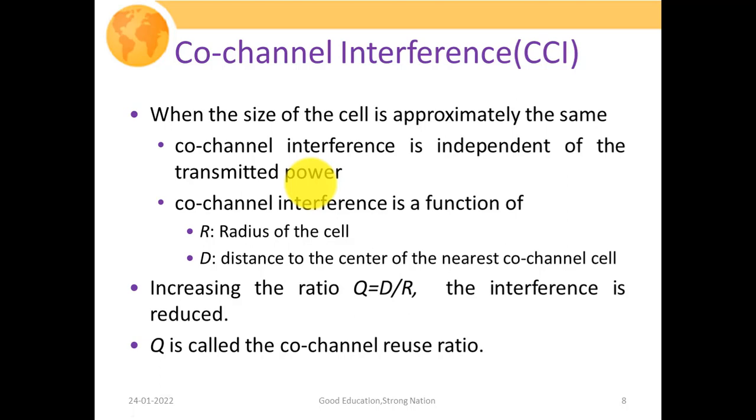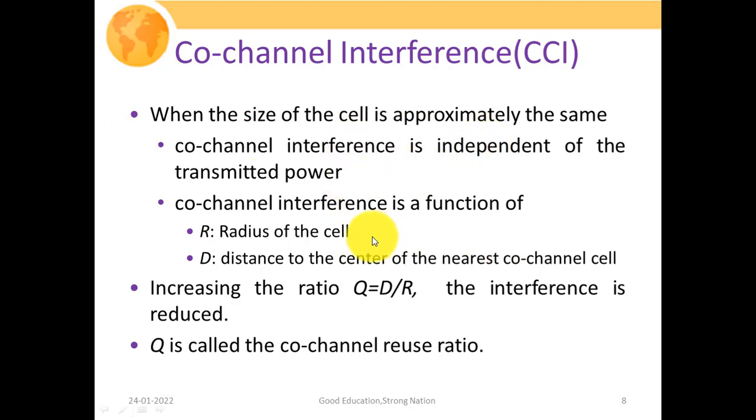Then it will basically provide noise power to the other base stations. And if other base stations also do the same thing, then even after increasing a sufficient amount of power, the signal to noise ratio will not improve, although it will remain the same. So that is why we are saying that if the sizes of the cells are approximately the same, then co-channel interference becomes independent of the transmitted power.